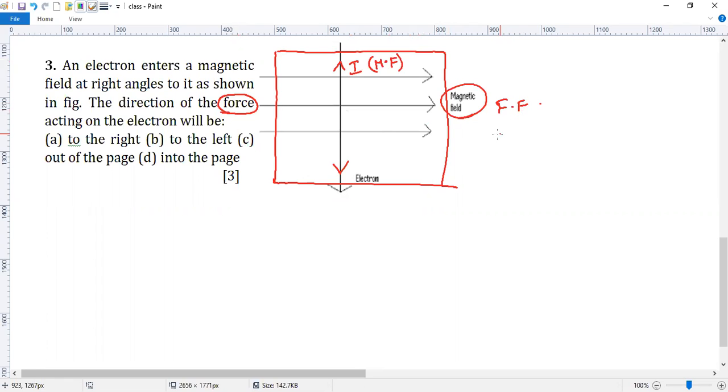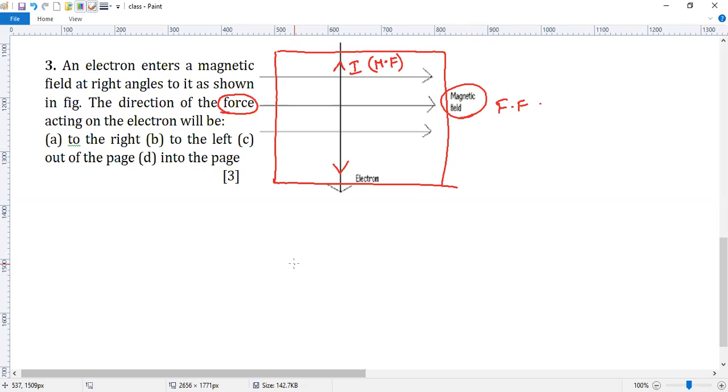When you open up your left hand with these three fingers, you can very easily see that the thumb points in the downward direction. Clear? You have to make sure the forefinger is pointing from your left towards right and the middle finger is pointing away from you. Okay, then what happens?